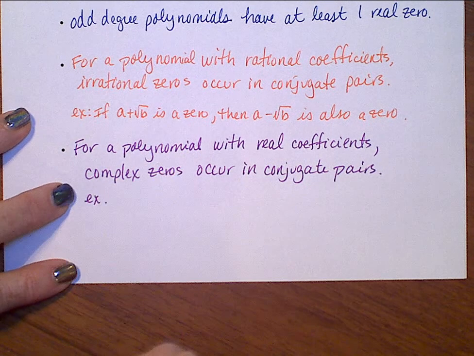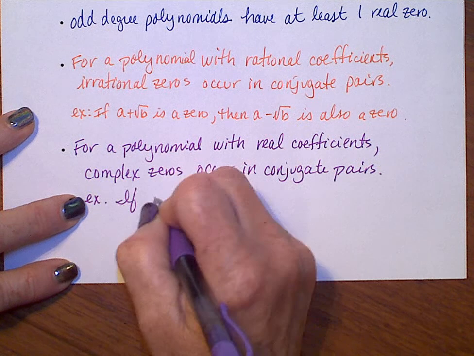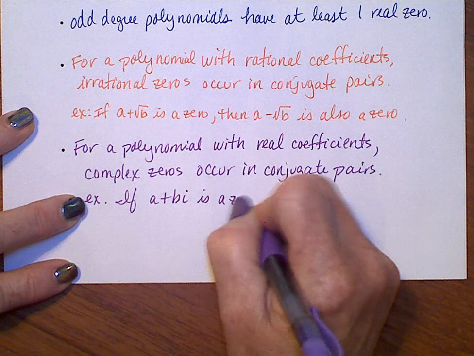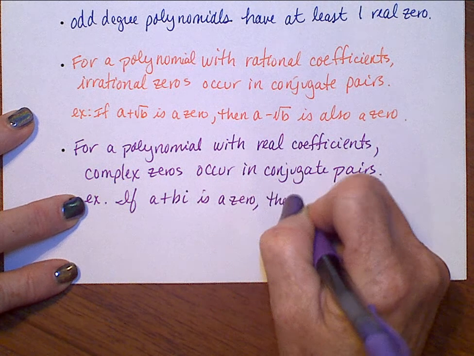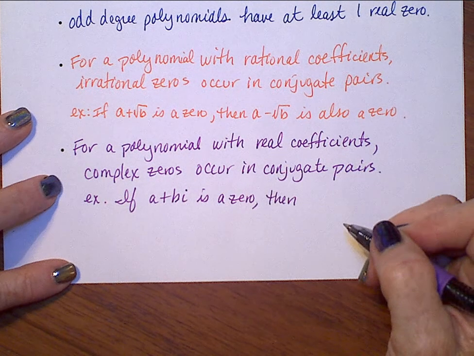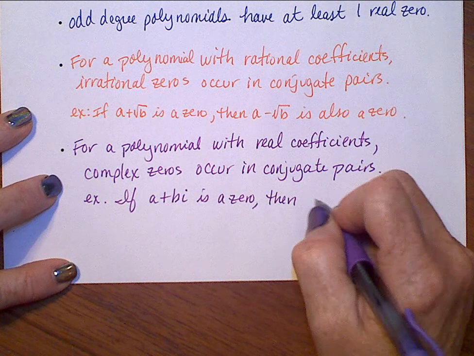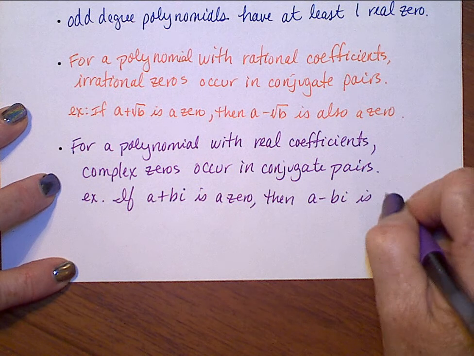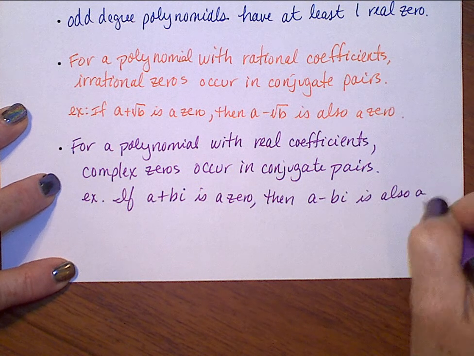For example, if a plus bi is a 0, then, what do you think? Yes, a minus bi, its conjugate, is also a 0.